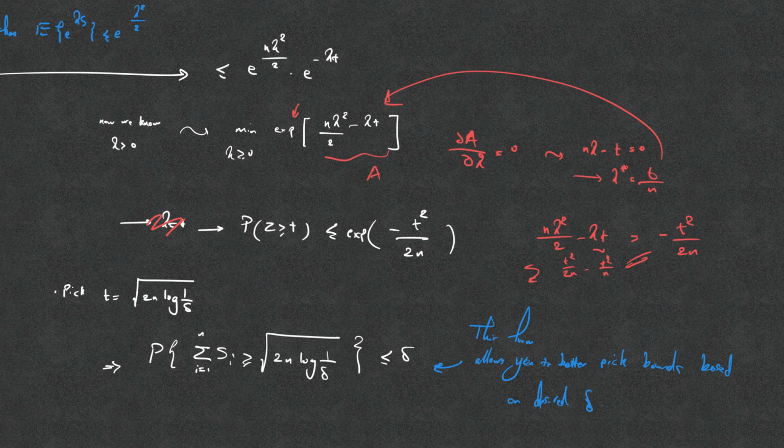Let's say you want to find a t such that with probability 1 minus δ, you are no further than t apart, in some sense, from the average or from the 0. So in that sense, you can compute that t based on the probability that you desire, something similar to, for example, confidence bounds and things like that.